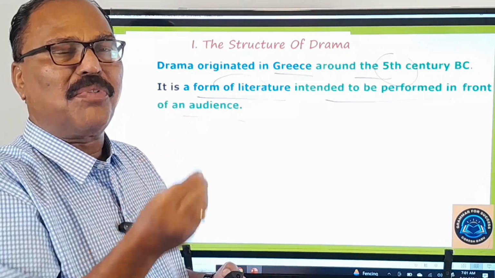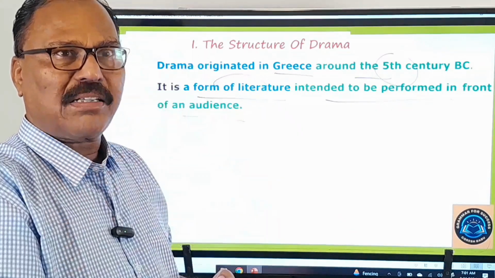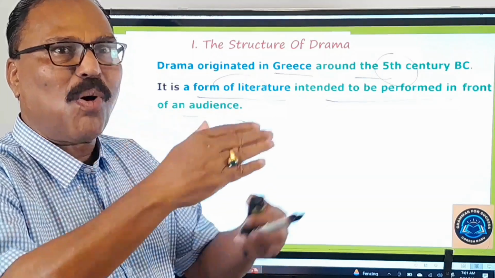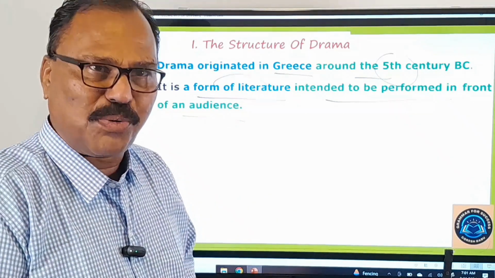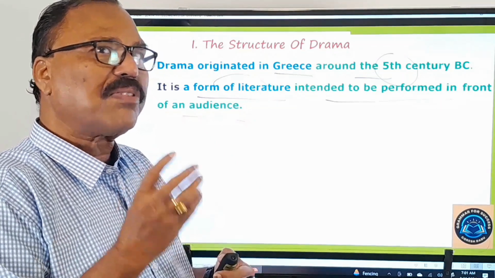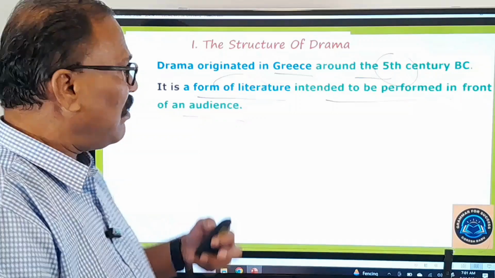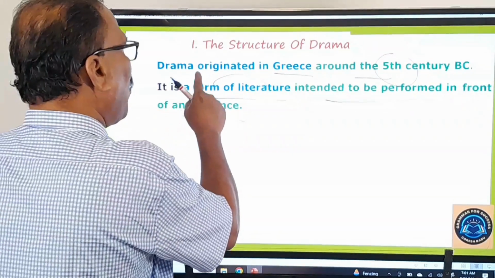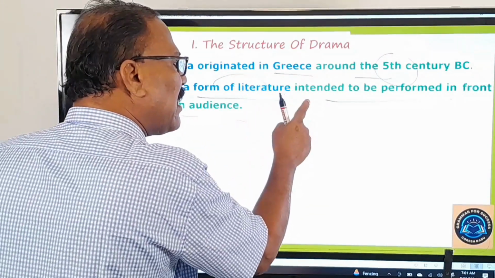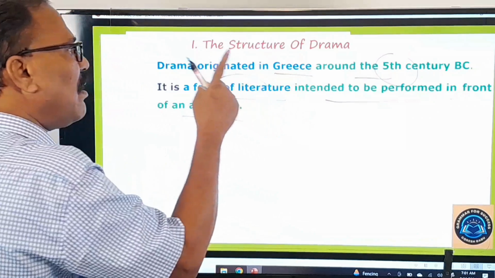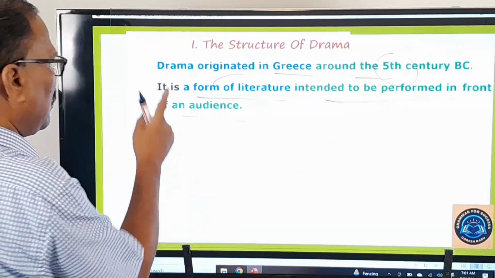Short dramas would be enacted on the dais or on the stage in front of all the students of that school. So you have some idea in that way about drama, and drama is therefore a form of literature. It is supposed to be performed in front of an audience. This is the second point.